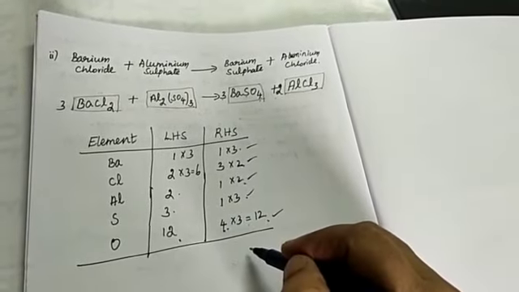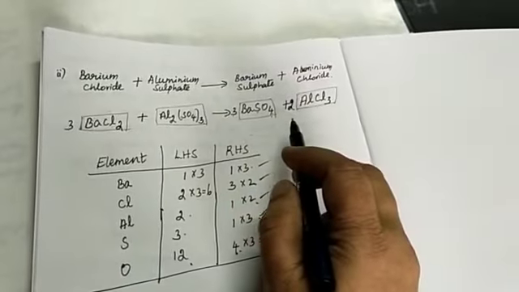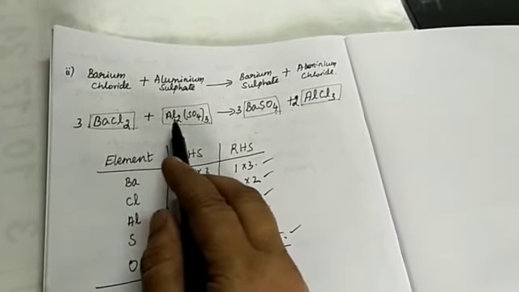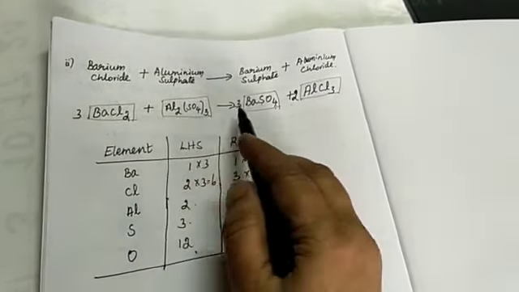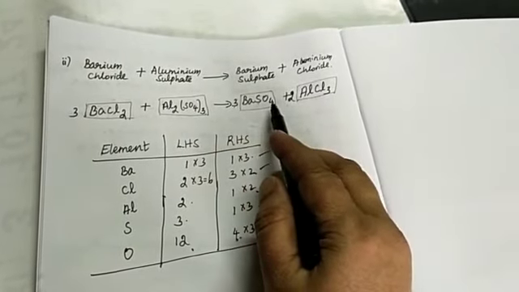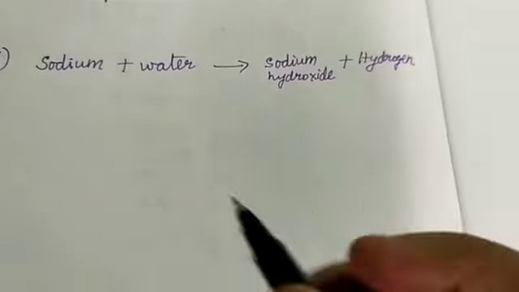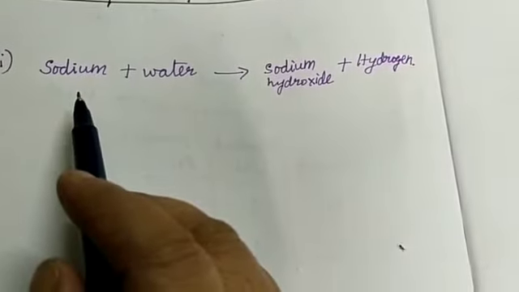So everything is balanced. It is a balanced chemical equation. How to read? 3BaCl2 plus Al2(SO4)3 gives 3BaSO4 plus 2AlCl3.